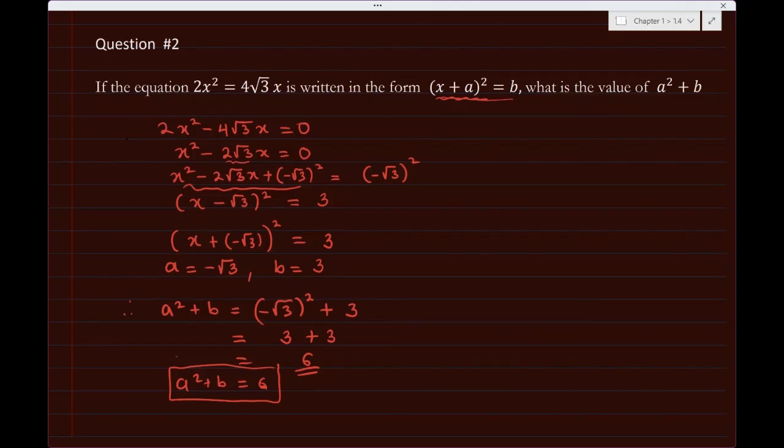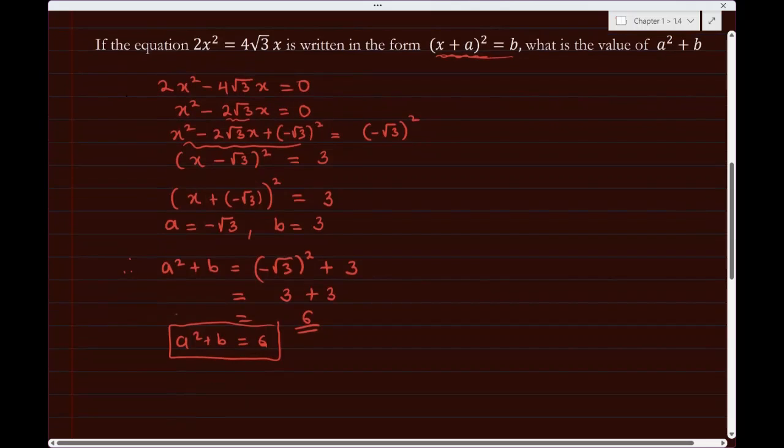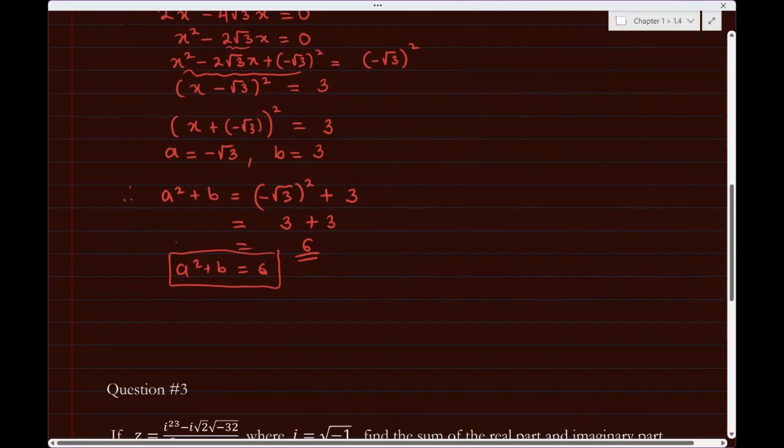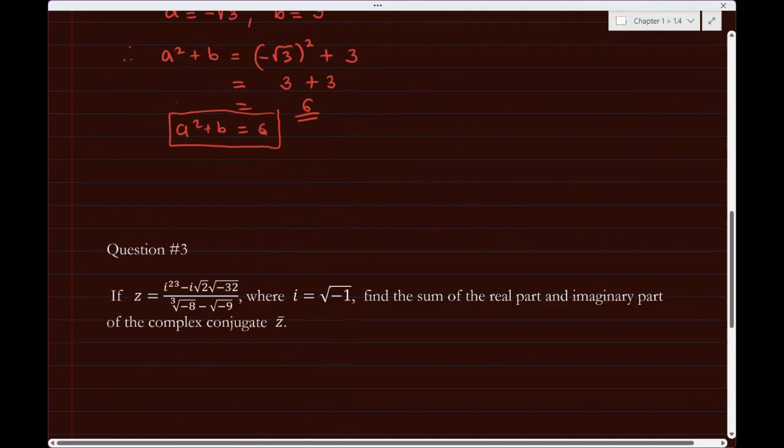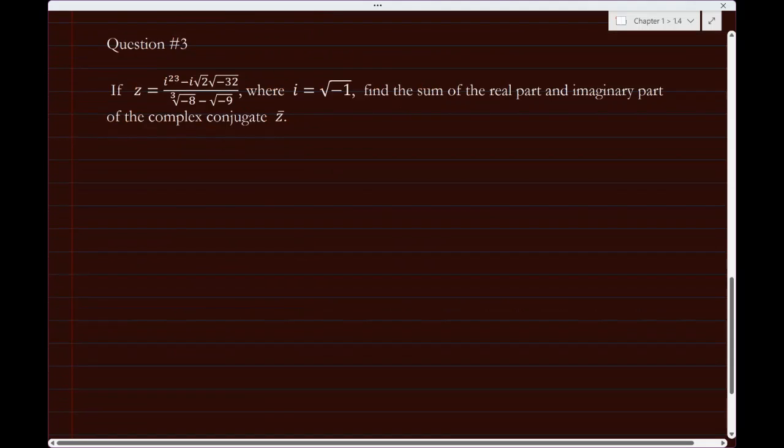All right, so let's move to the next question, which is question number 3. Question number 3 is about complex numbers.